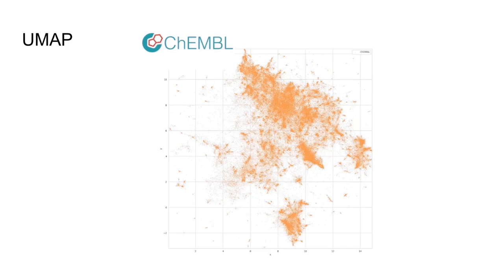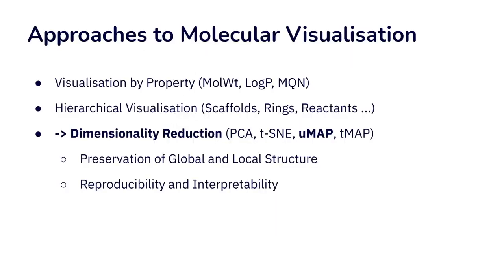In Explorer, we are using UMAP, and UMAP stands for Uniform Manifold Approximation and Projection, and we chose UMAP because it preserves the global and local structure of the high-dimensional neighborhood, and it's reproducible and interpretable.